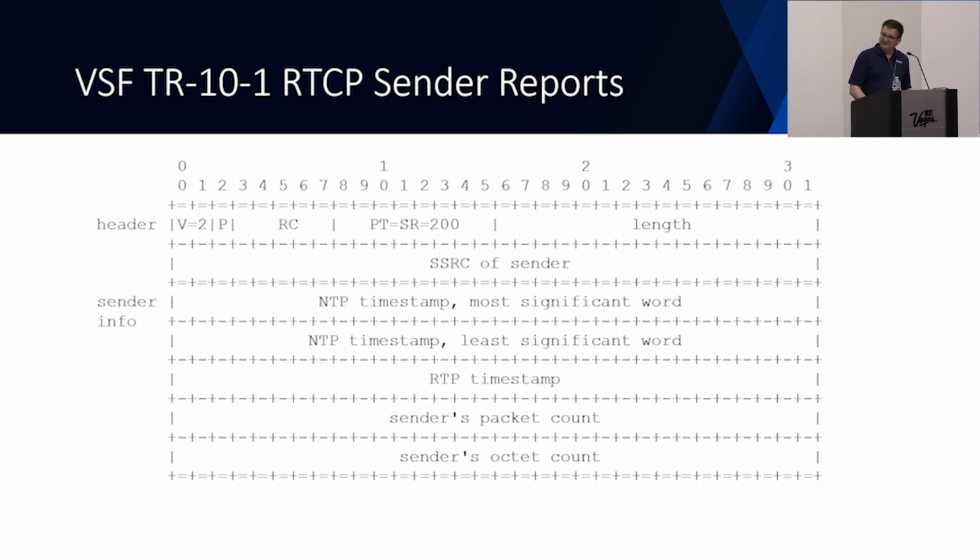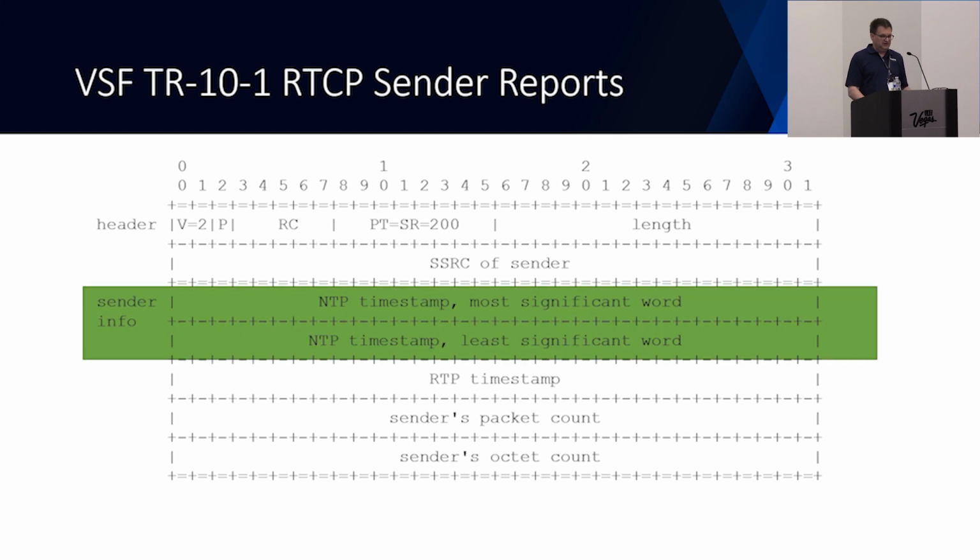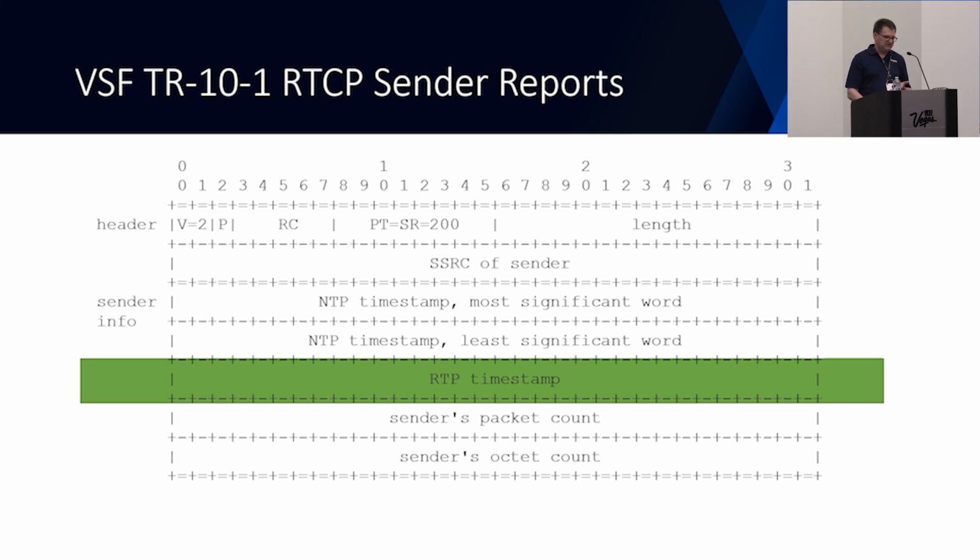The packet looks like this. It contains the timestamp. If you have no PTP, you will put your local clock time there. If you have PTP, then you will put your PTP timestamp, PTP local time, there. And of course, there is the RTP timestamp of the packet as well.